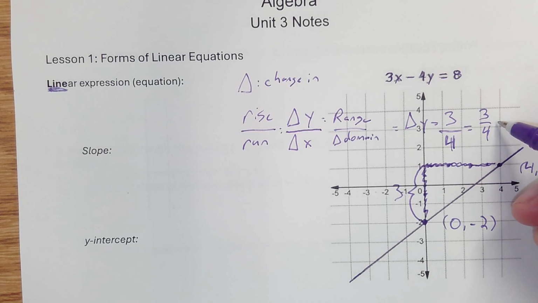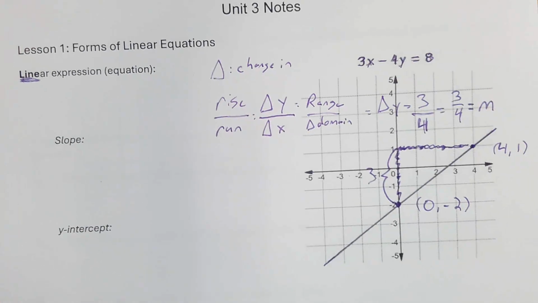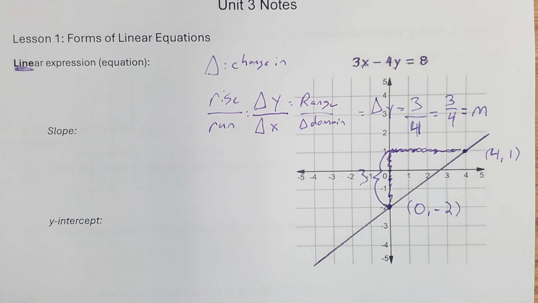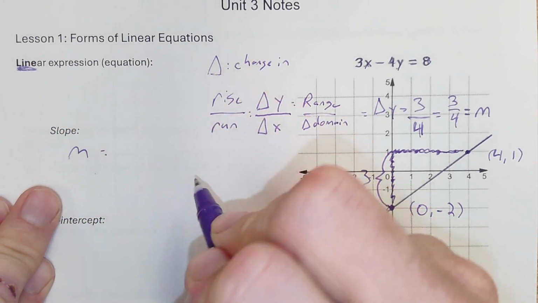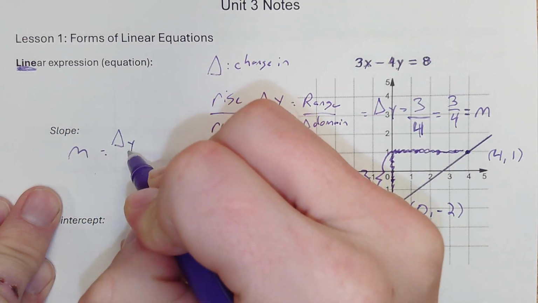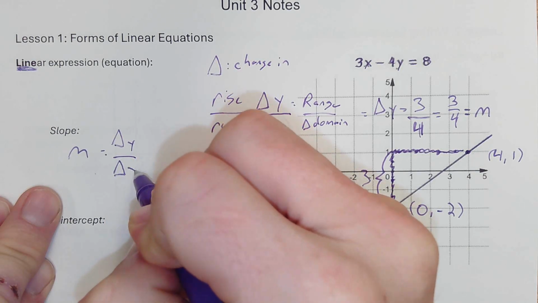And slope is indicated by the letter m. m is for slope. So in this case, slope is m, and it's the change in y over the change in x.